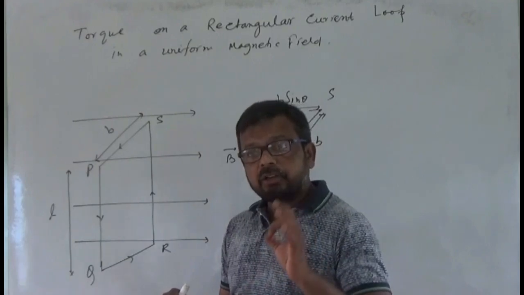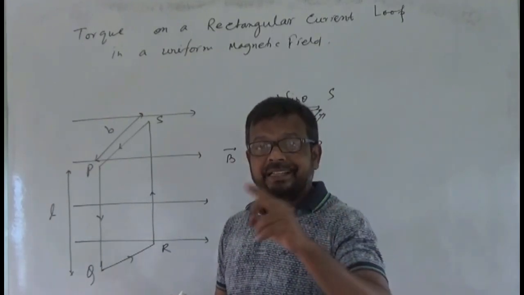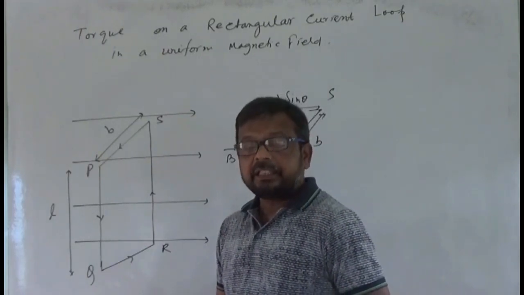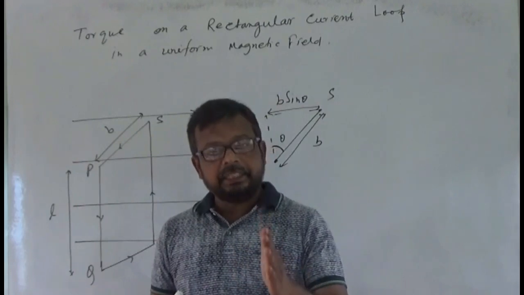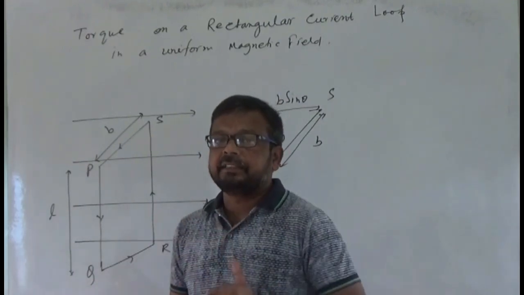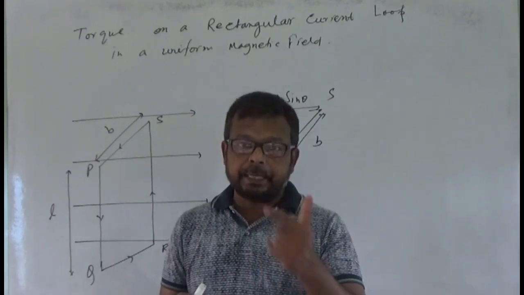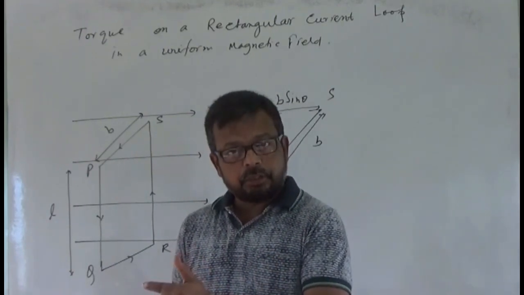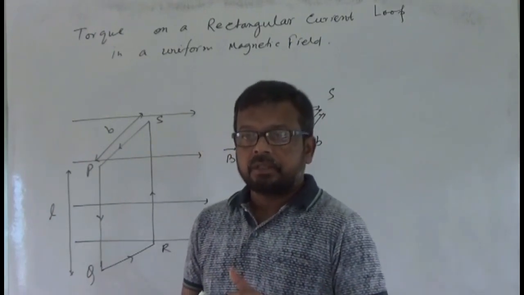And this is analogous to our electric dipole placed in a uniform electric field. If we place an electric dipole in a uniform electric field, then the net force acting on the dipole is zero, but it will experience a torque. Clear?